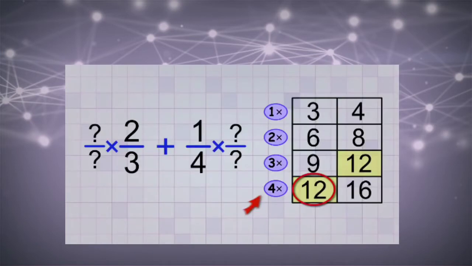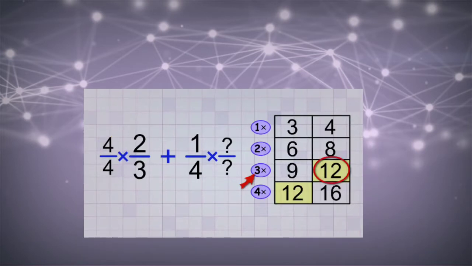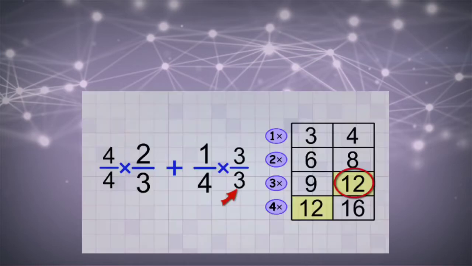For example, if you multiply by 4 to get the common multiple for the first unlike fraction, then you will use 4 over 4 as your whole fraction. And if you multiply by 3 to get the common multiple for the second unlike fraction, then you will use 3 over 3 as your whole fraction for it. It should make a lot more sense after you have seen a few examples.